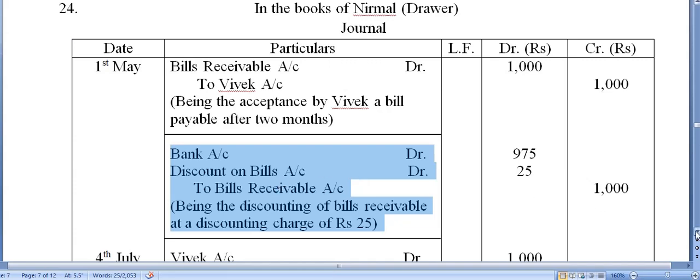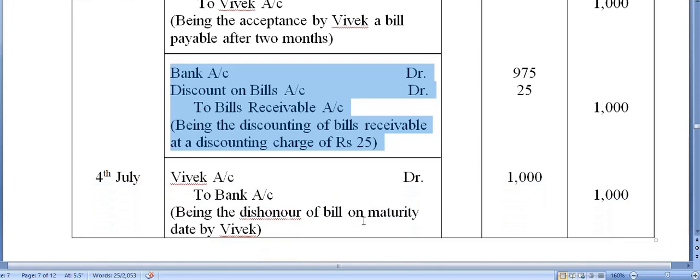So the last entry, since the bill was discounted with the bank, in the books of the drawer, remember you can write in your copy, that in case of discounting with the bank and dishonor by the drawee on maturity, the last entry in the books of the drawer would be drawee's account debit to bank account, if the bill is actually discounted with the bank. So you can write in your copy.